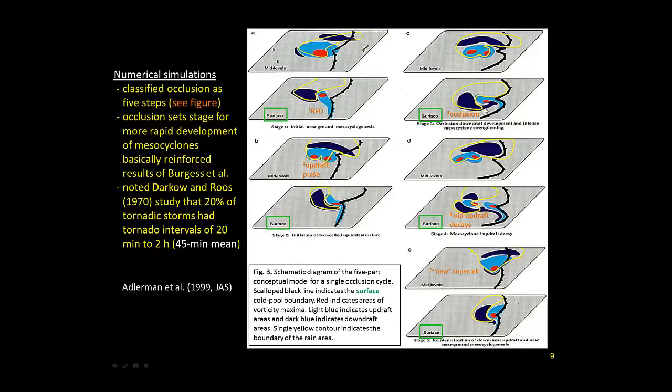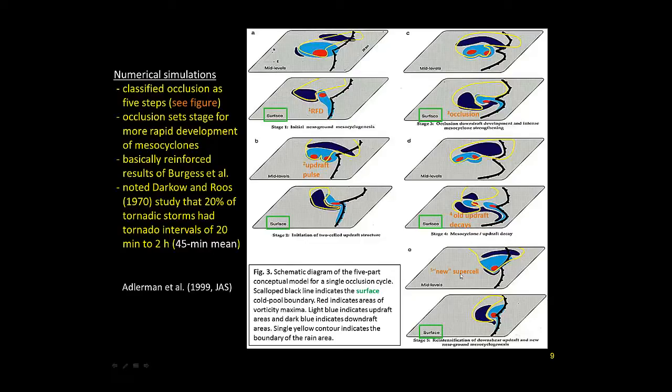Stage 3, you have occlusion, a strong occlusion downdraft, with the low-level mesocyclone being separated from the gust front occlusion point. And obviously, you could be having tornadoes occurring at this time. A little bit later, stage 4, they have decaying of the mid-level updraft and the mesocyclone drifting rearward, but at the same time, there's some new mesocyclogenesis occurring in the low levels at the occlusion point of the gust front.